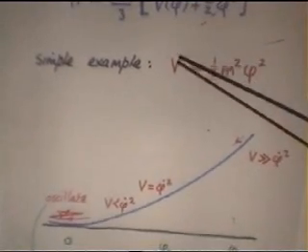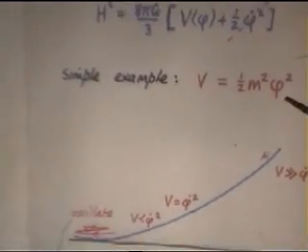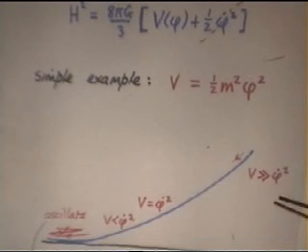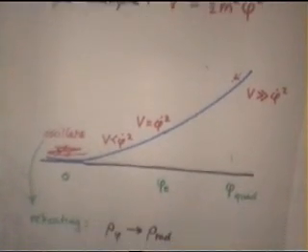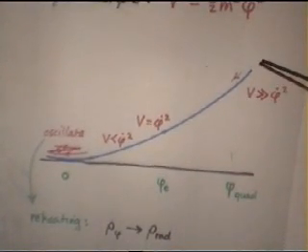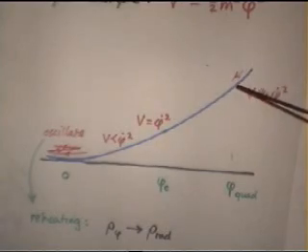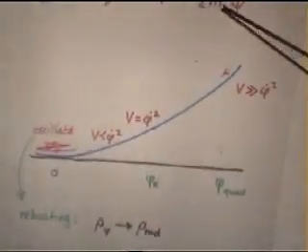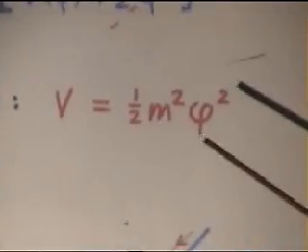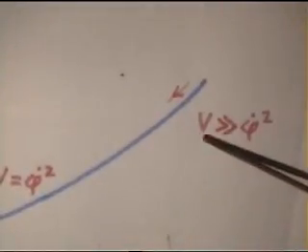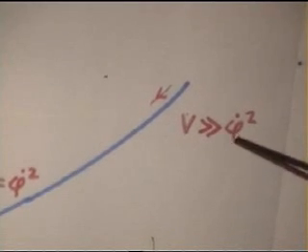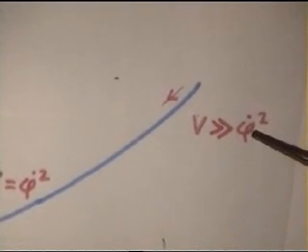The simplest potential example is this quadratic potential, and I could just end off by saying this is what happens in this simple model. The scalar field starts quite high up this potential. The potential has to be quite flat, so m has to be pretty small so that it's not too steep. In other words, the potential in the beginning must be much bigger than the kinetic energy density.